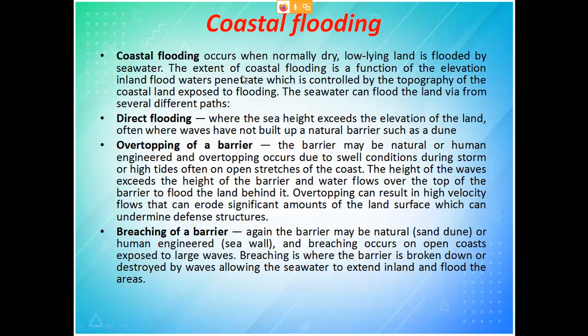The extent of coastal flooding is a function of the elevation of inland flood water penetration, which is controlled by the topography of the coastal land exposed to flooding, which means the land elevation. Land elevation is the rise of the land from the sea level, in terms of angle or degree, and it is not the same in the entire coast.